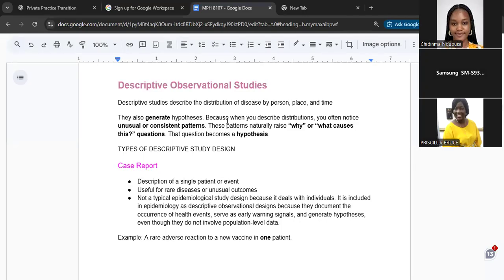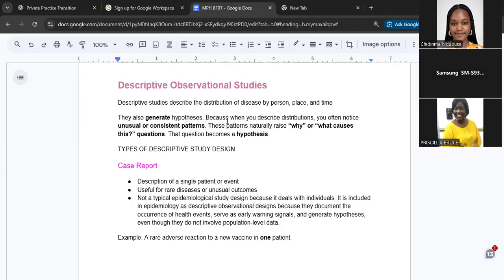So in descriptive observational studies, we describe the distribution, and after describing, we find patterns. We notice some kind of patterns from the data, and those things we notice start raising questions. That's why we say we can use descriptive observational studies to generate hypotheses.